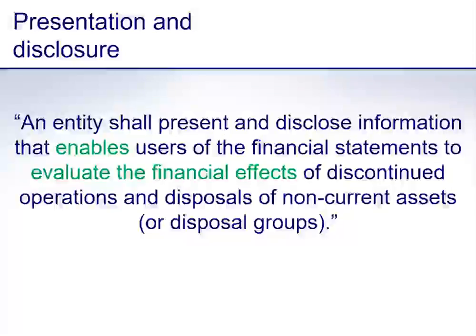Again, this goes back to what I said to you at the beginning, that as a company, we've taken a decision that we wanted to dispose of a particular asset, a particular group of assets, we've got a disposal group. How is that going to impact what we are doing? That's effectively what we're trying to reflect in the financial statements.